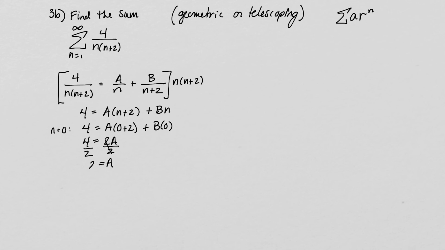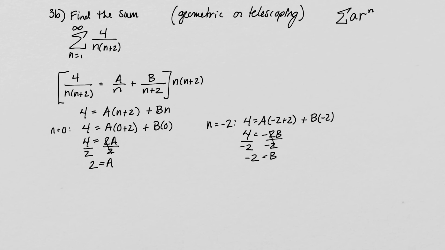A is going to be 2. And if I pick n equals negative 2, I'd have 4 is equal to a times negative 2 plus 2 plus b times negative 2. So 4 is equal to negative 2b. Divide both sides by negative 2. So b is going to be negative 2.